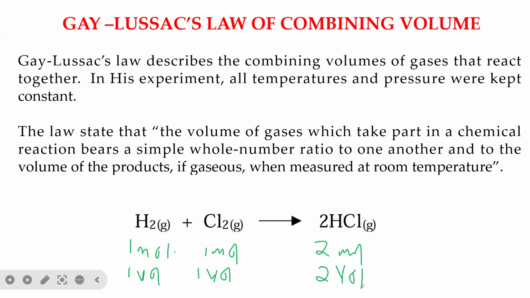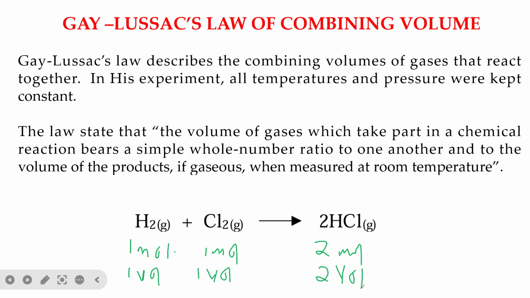So they are related. Remember that according to Avogadro's law, equal volumes of all gases contain the same number of molecules. This shows that there is a strong relationship between volume and molecules. So 1 volume means 1 mole because they are directly related.